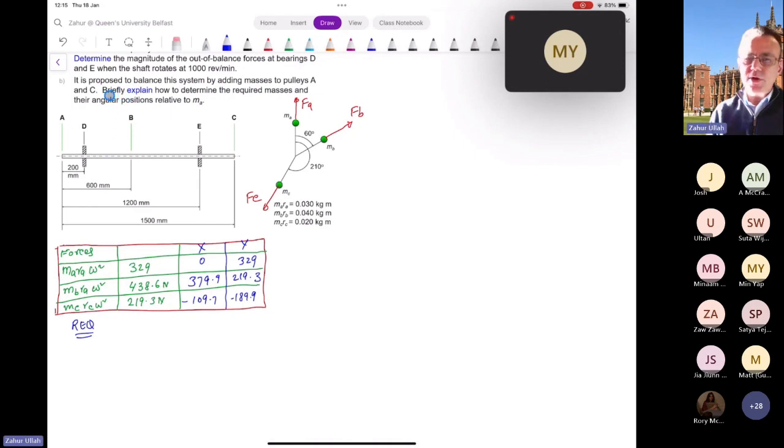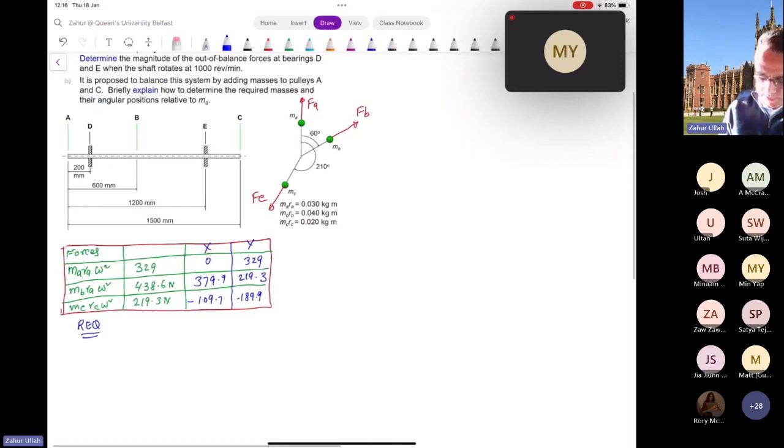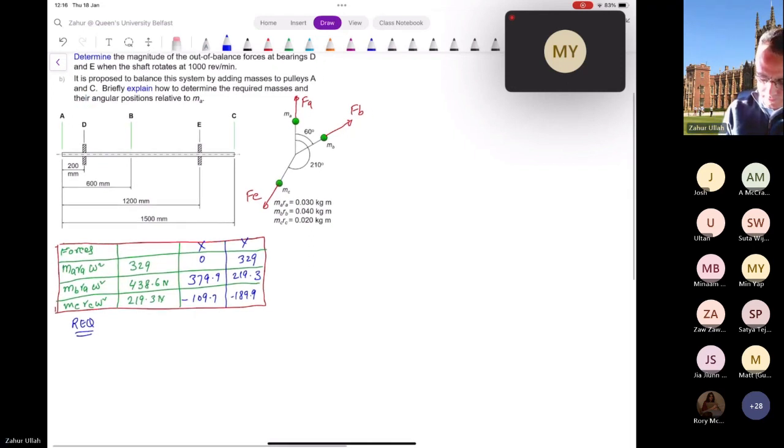So this means that you need to add two more masses, at A and C. You can call this, for example, MA, maybe we can call it MARA, which is unknown. And then obviously theta A, the angle of this particular case, will be unknown.